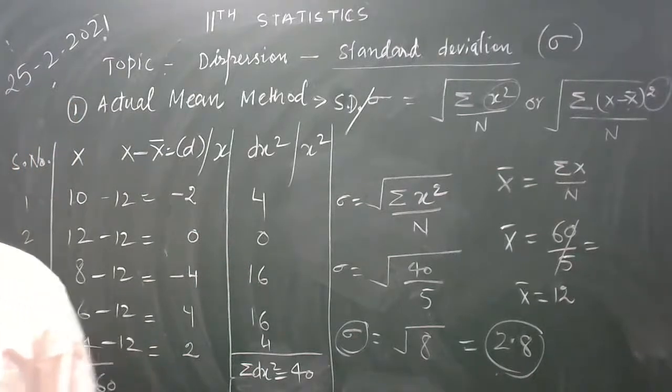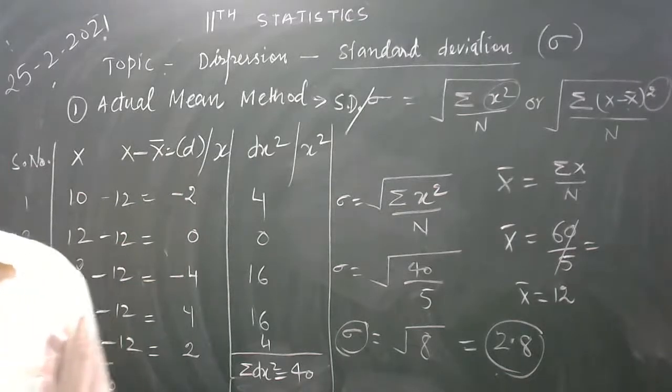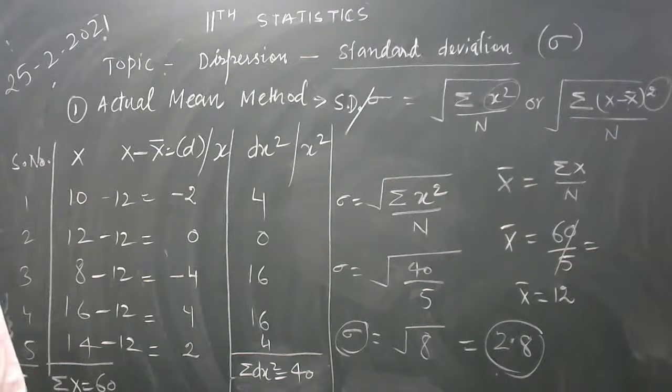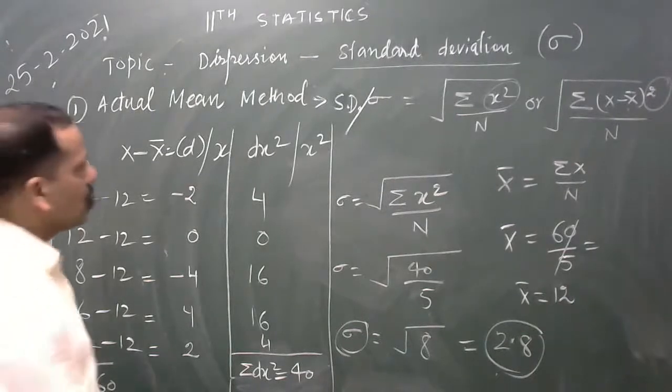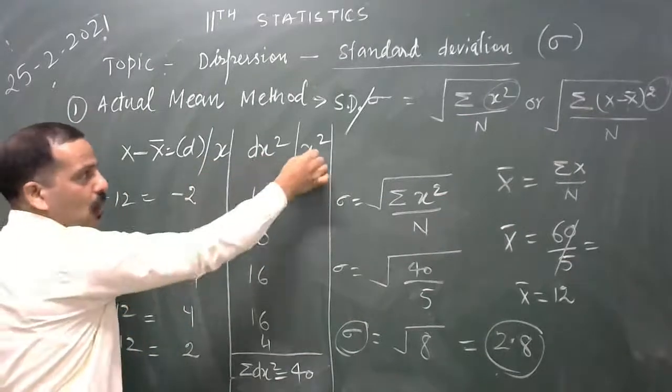Standard deviation is the square root of the arithmetic mean of the square of all deviations. This is the square of deviations.